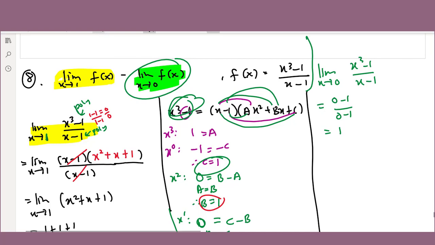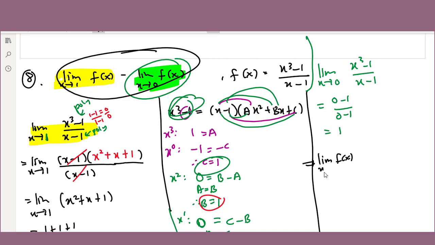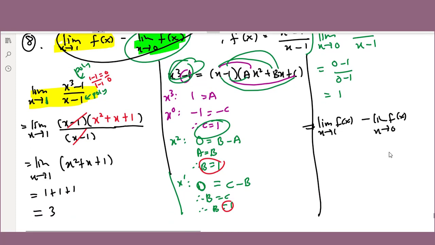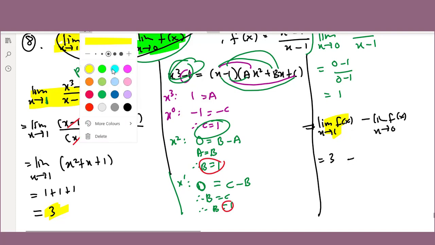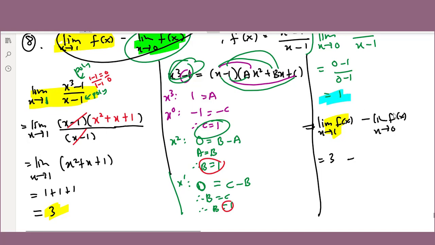Therefore, join the two: limit f(x) as x approaches 1 minus limit f(x) as x approaches 0. So this one is equal to 3, minus the other one, which is 1. So the answer is 2 for number 8.